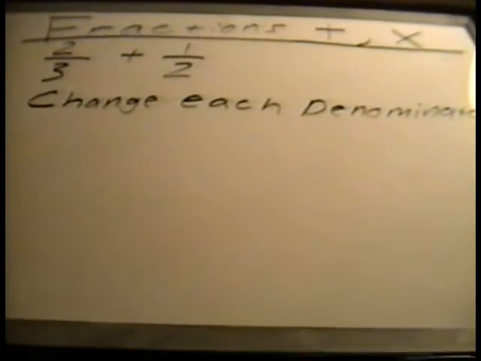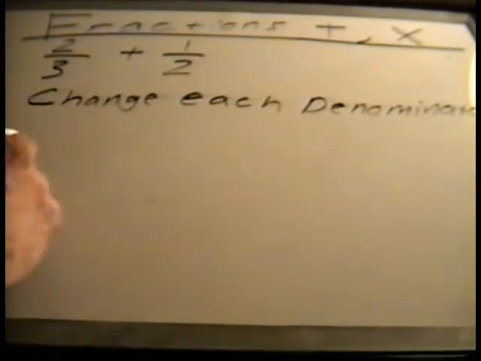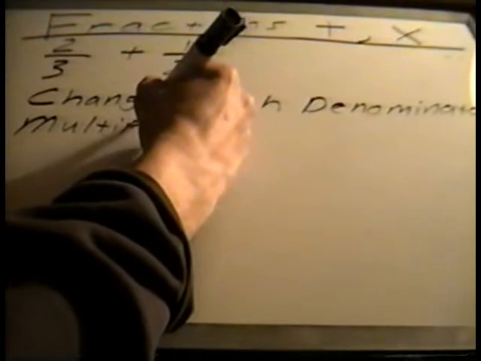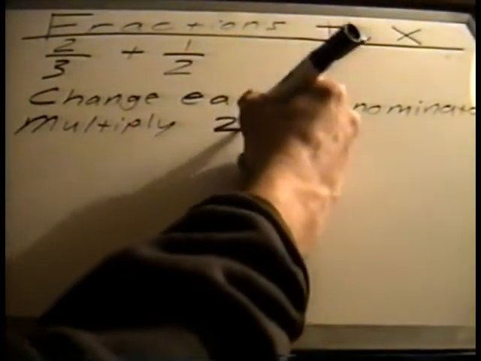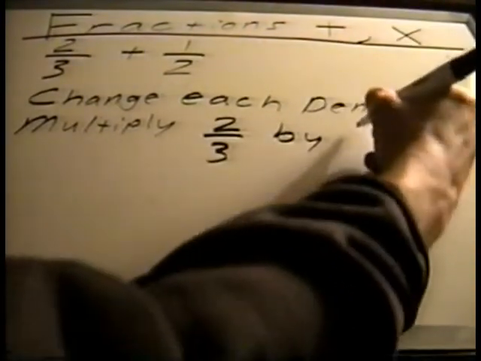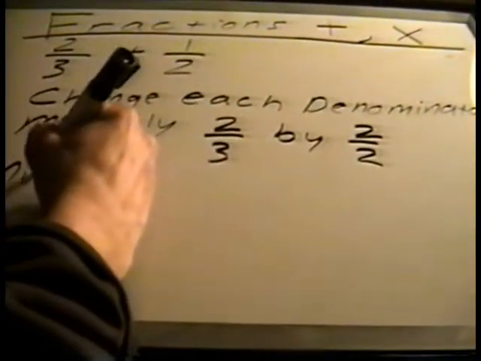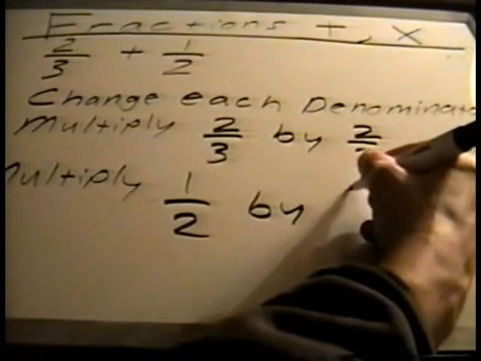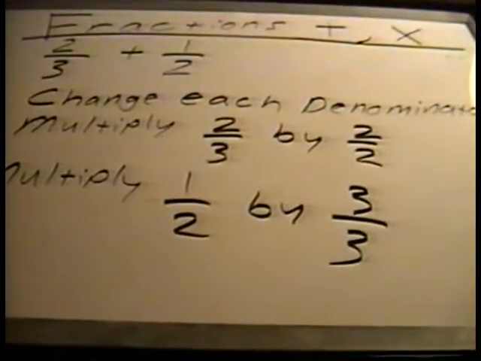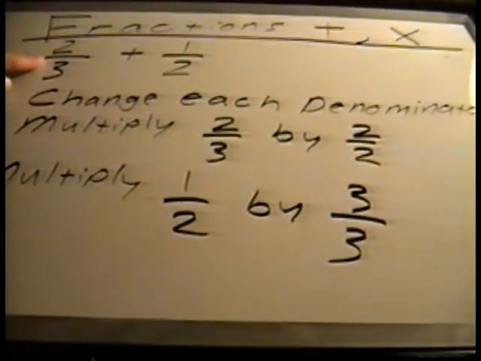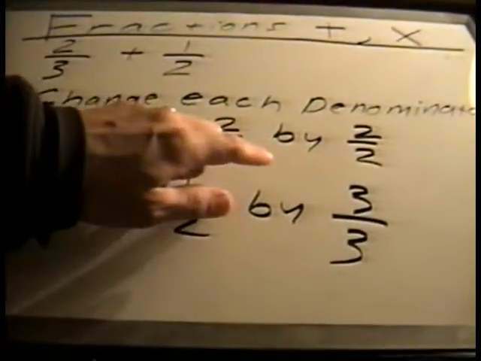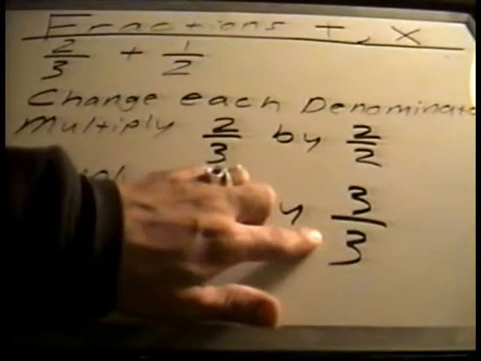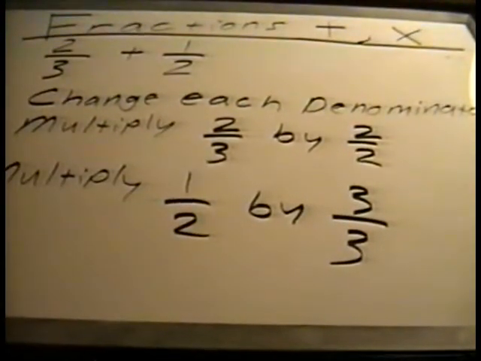Now for any fraction, the top part is always called the numerator and the bottom is called the denominator.